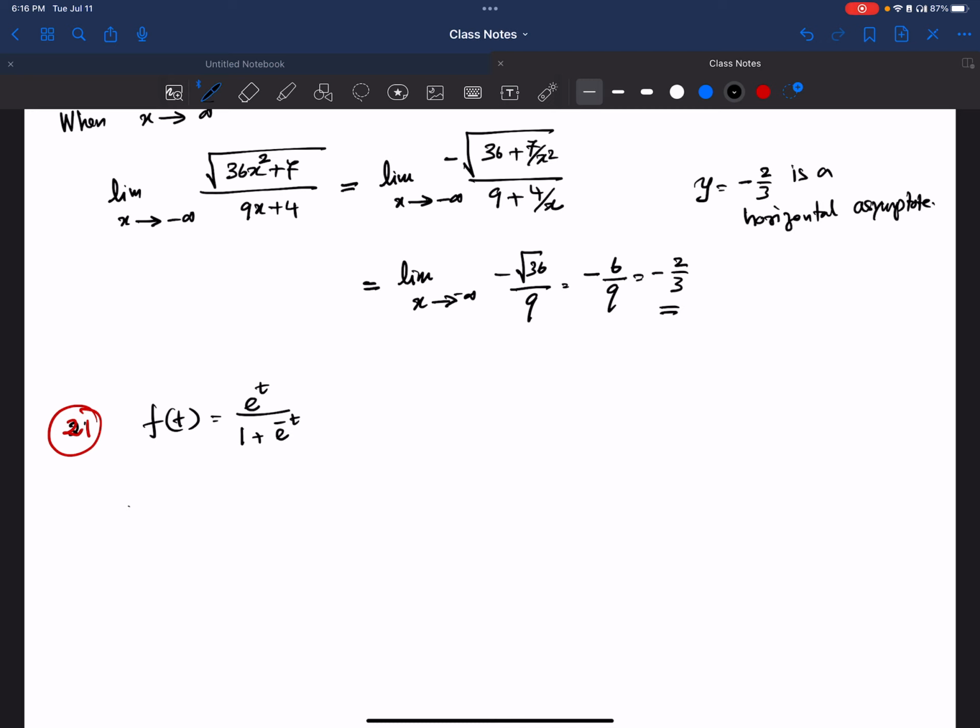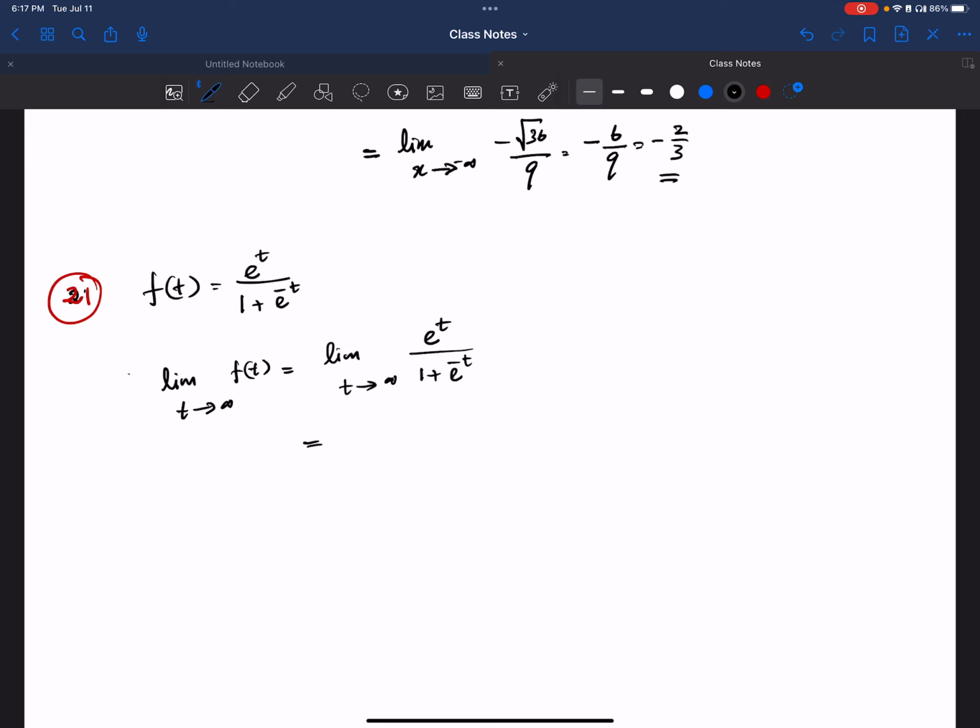So first consider the limit of f of t when t goes to infinity: limit t goes to infinity, e to the power t divided by 1 plus e to the power negative t.